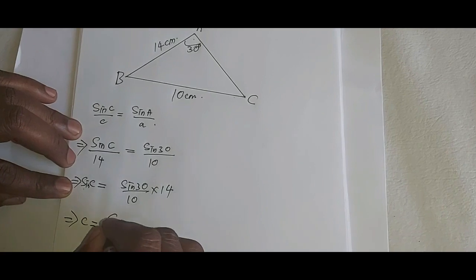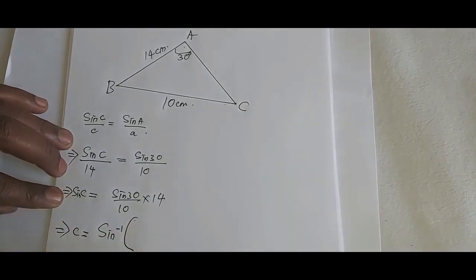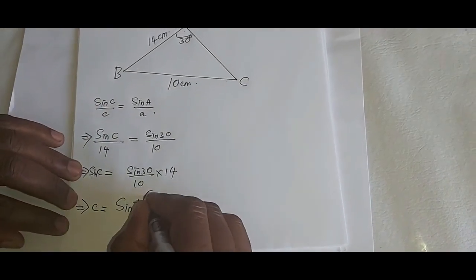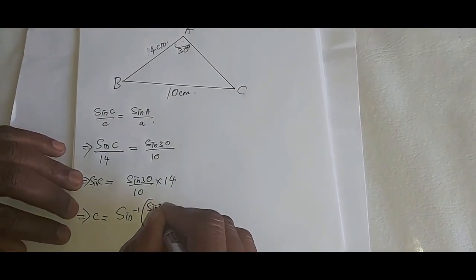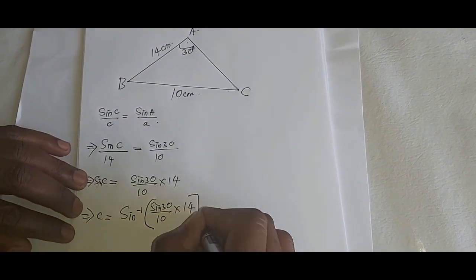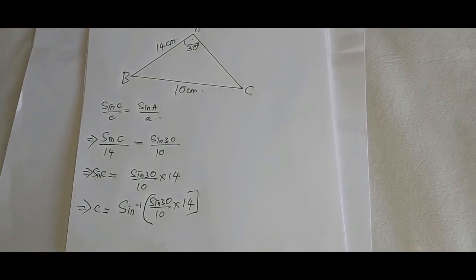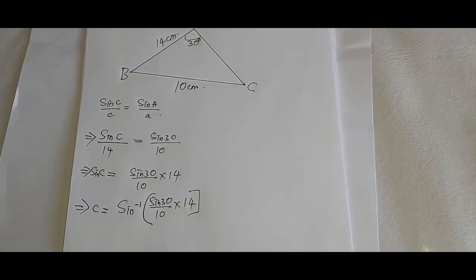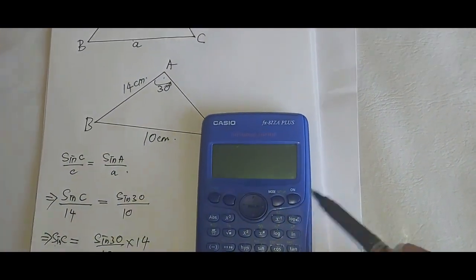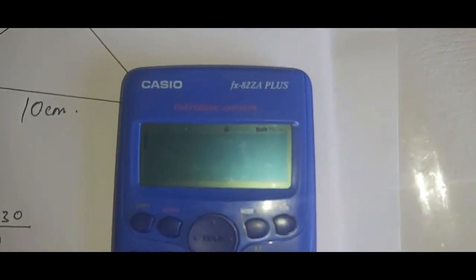So it will be arc sine of sine 30 over 10 times 14. From there we make use of the calculator. As you use your calculator, punch everything in at once to avoid rounding off.